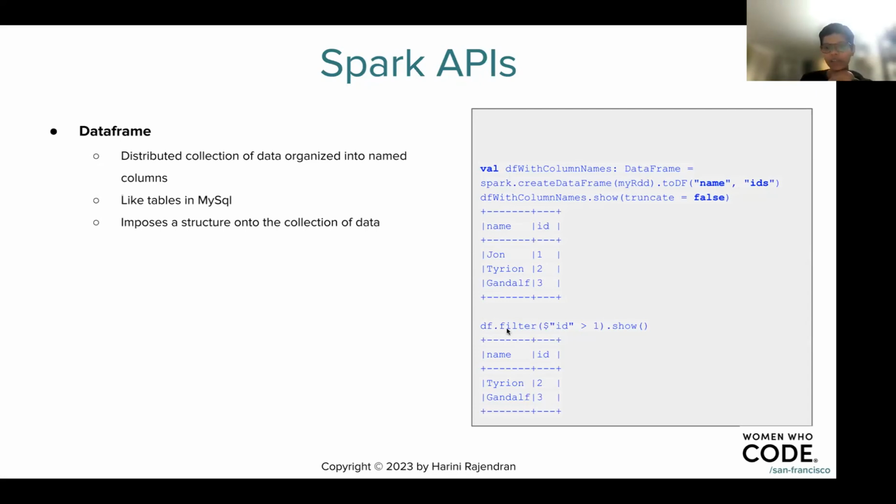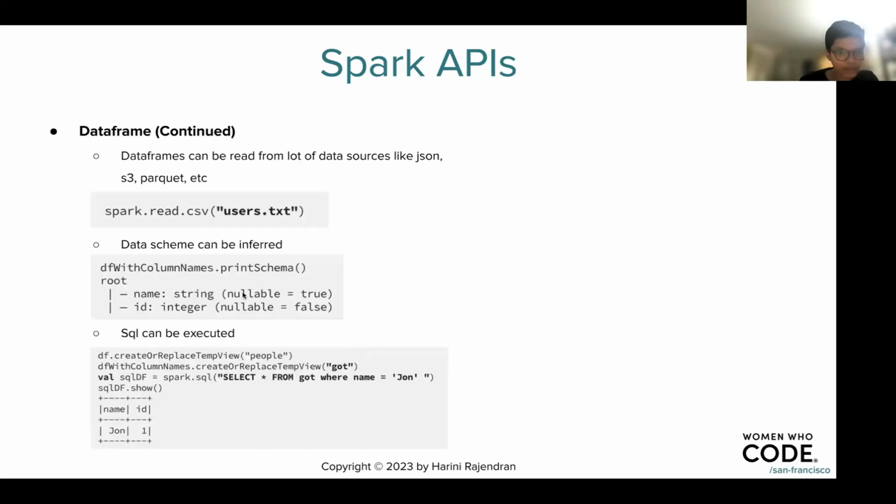And then you can similarly do some transformations and actions on the data frames. Here, I'm filtering based on the ID field greater than 1, and I'm printing that. That's why only Tyrion and Gandalf are showing up. So this is how we operate with data frames. Data frames are essentially like tables, and they impose a structure on the data.